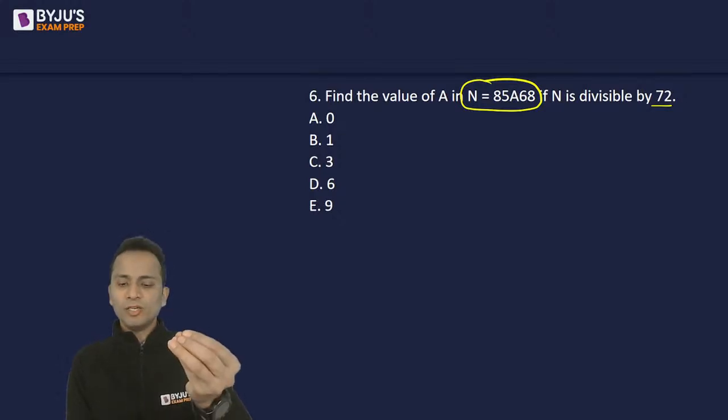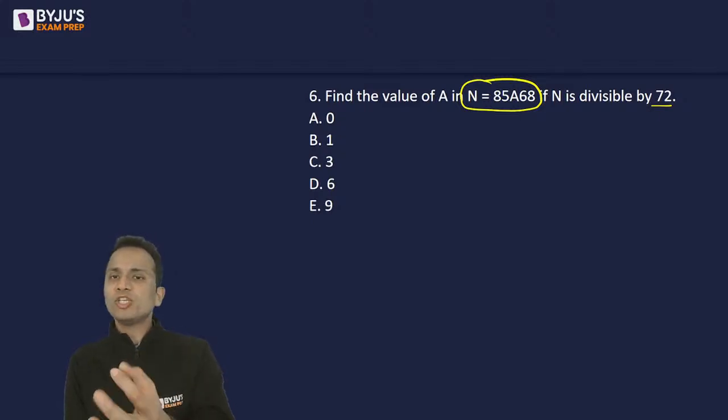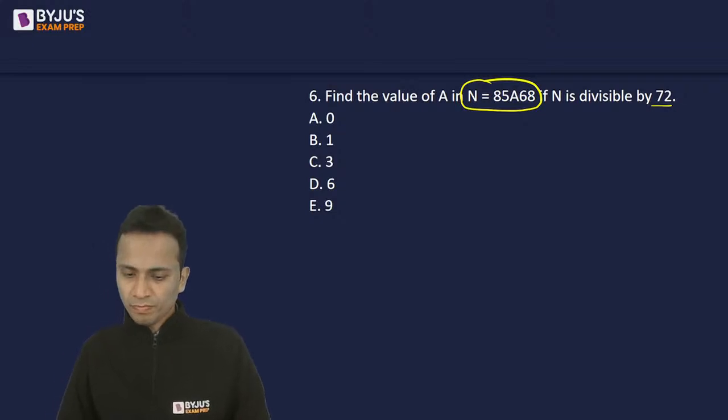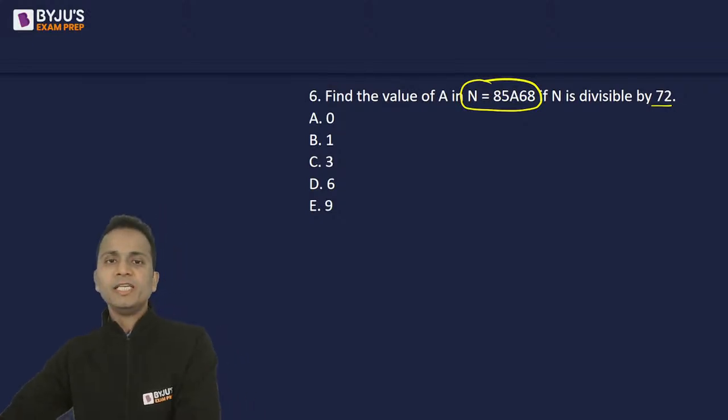Even if you will use the options, substitute the options one by one, you will get the correct answer. Okay, maximum people are saying option D is the correct answer.